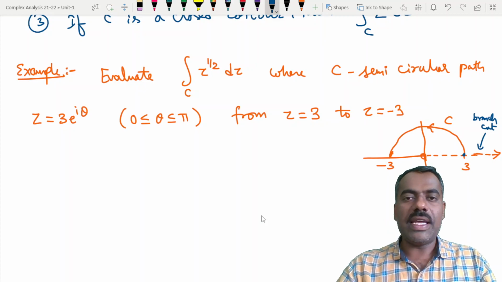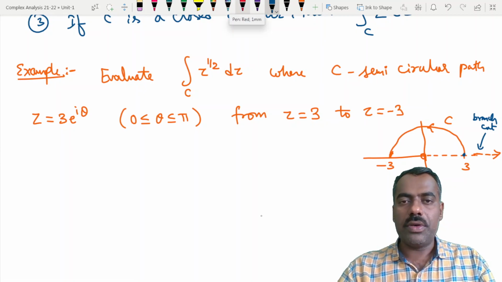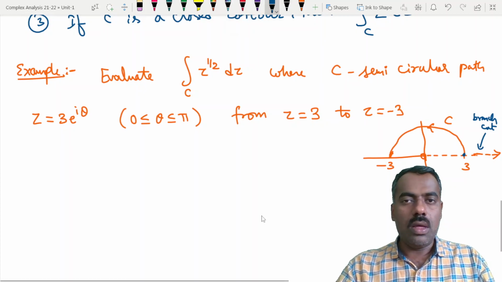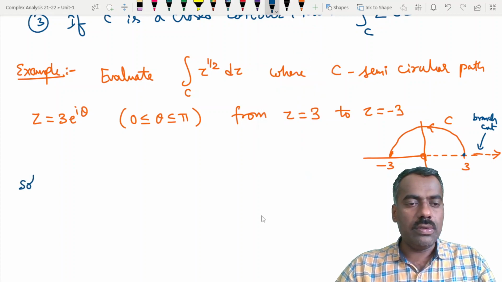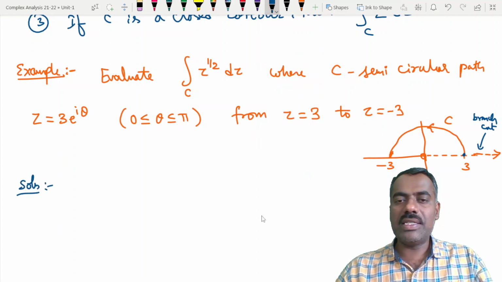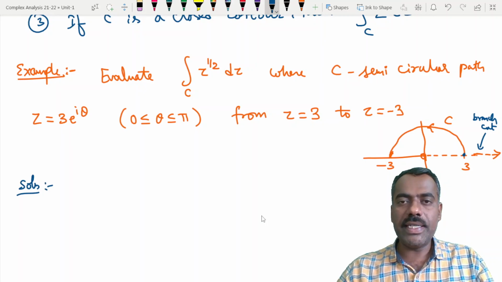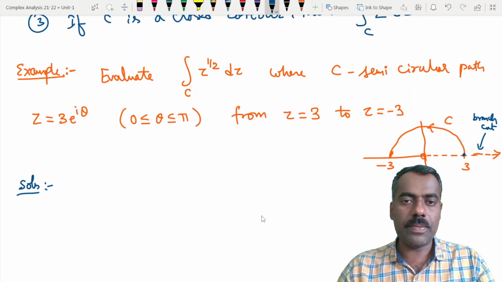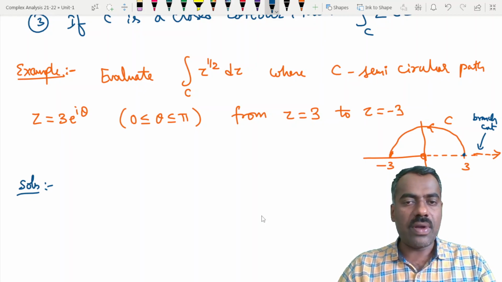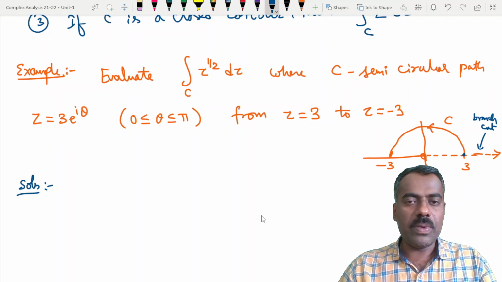So at that time how can we evaluate, so that is possible. The main reason is whenever we want to evaluate integrals, it is enough if that function is piecewise continuous.